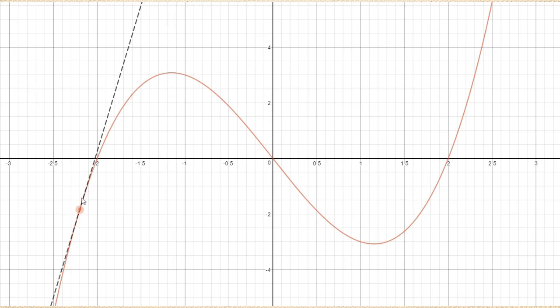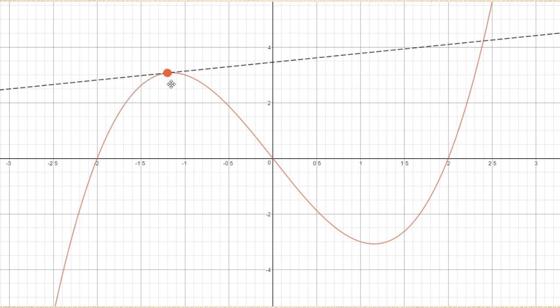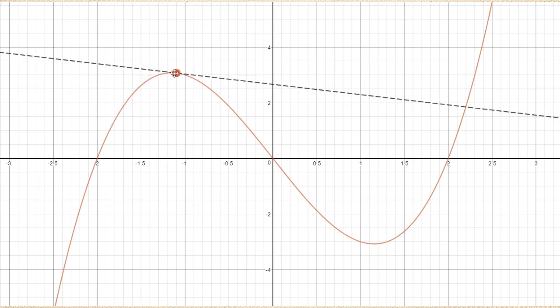Very obviously it is a positive gradient. As this point moves along the graph, is the gradient increasing or decreasing? From left to right, it is decreasing until it reaches a certain point where it becomes 0. This first point where the gradient equals 0 is our maximum point.